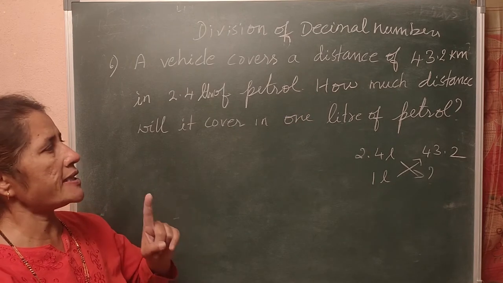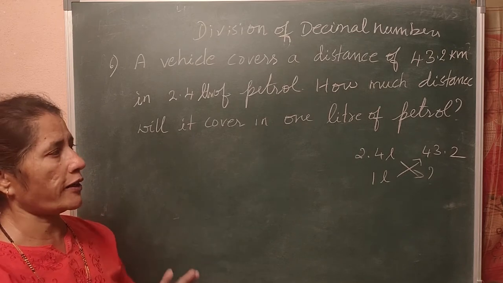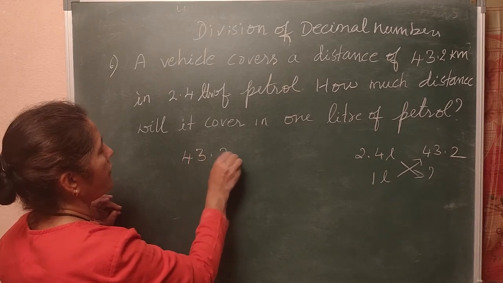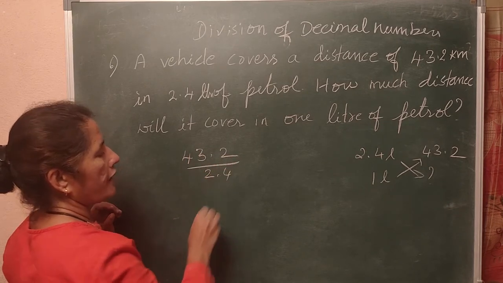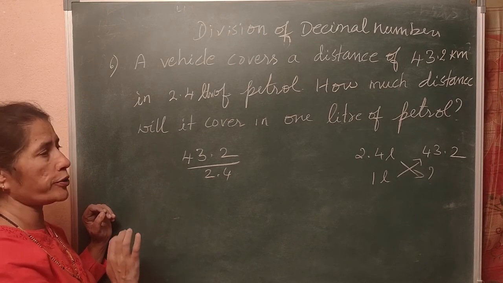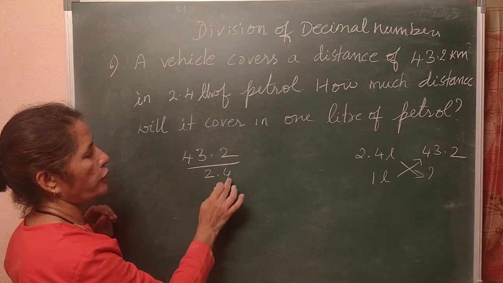Therefore, the distance it covers in 1 liter of petrol, how much? I have to find out. So 43.2 divided by 2.4. In your notebook, you have to write down all these statements and do this, right? That's why I told you the statement. So, 43.2 divided by 2.4.